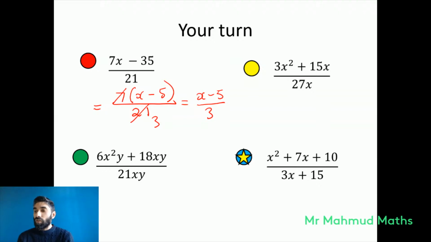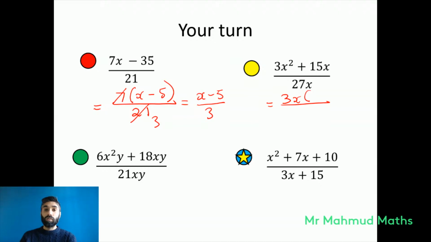Yes, Finn. So the first one you find, that's a yellow question. So let's do the yellow question. The highest common factor of 3x squared and 15x. Let's find the highest common factor of 3 and 15 first. So 3 and 15, highest common factor is 3. And x squared and x, highest common factor is x.